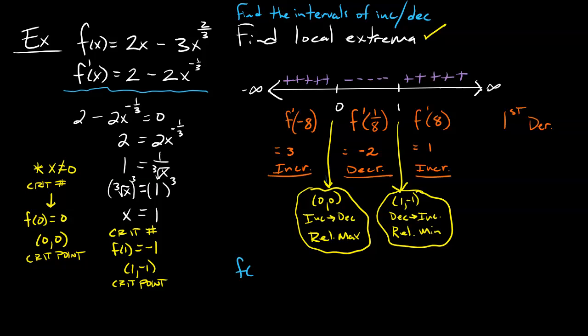So like we could say f of x is increasing from negative infinity to 0 along with 1 to infinity. And f of x is decreasing from 0 to 1.